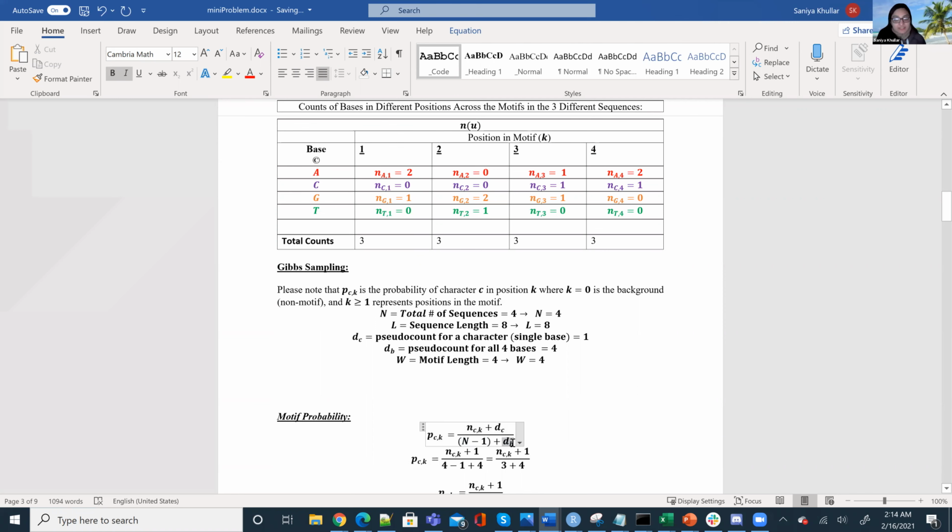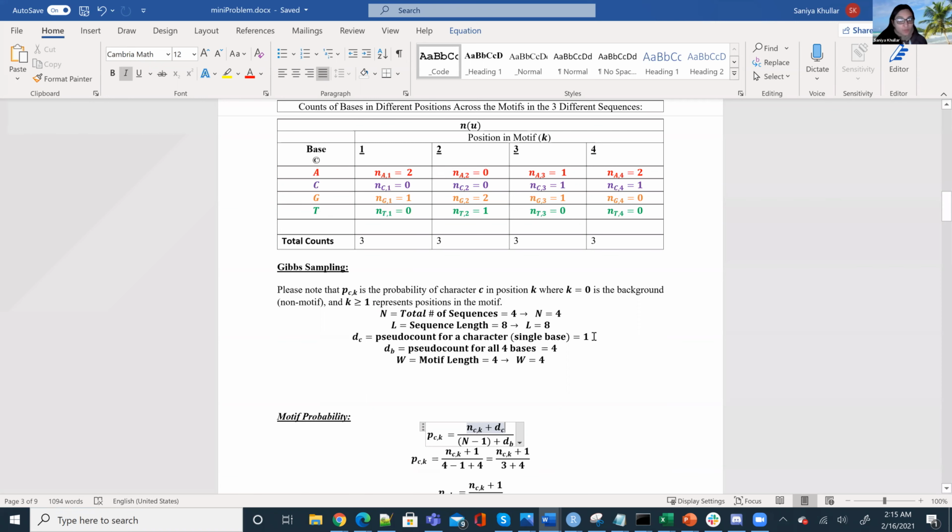This d_b is a pseudo count, and d_c is also a pseudo count for the numerator, because we don't want any zero probabilities for our PWM. We want it to be smooth. It's something known as Laplace smoothing. We want to make sure that we have at least some value, even if it's really tiny. We don't want a zero probability for a base, because there can always be some probability that the base is something.